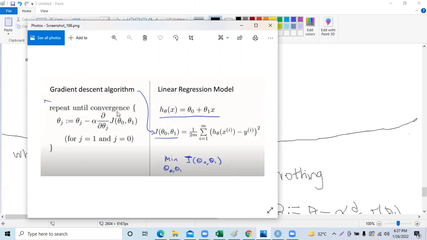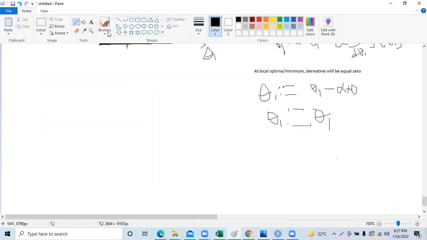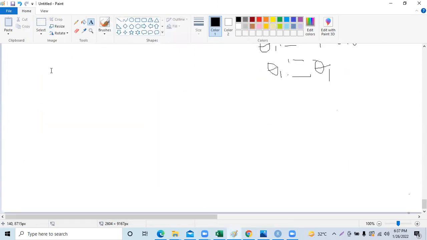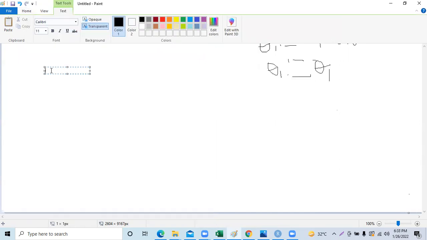Now let's see how we can insert. We have J of theta 0, theta 1 here. We want to insert this into gradient descent. So that's basically putting the cost function into gradient descent.